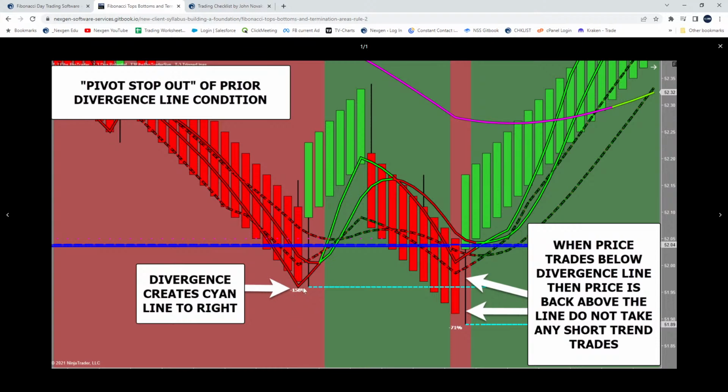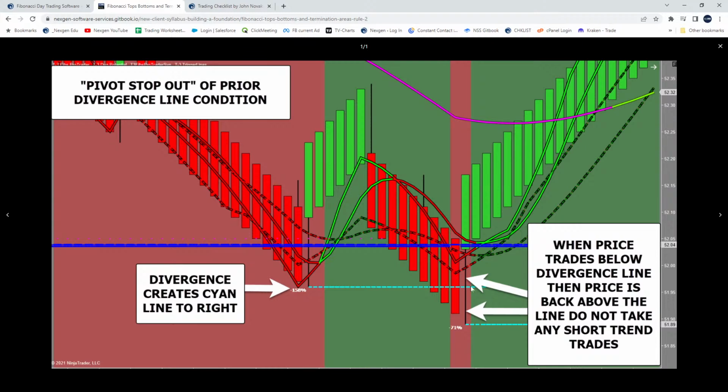Now, pivot stop outs are great for entries as well as exits, by the way. I just want you to know that. Right? There are some counter trend traders. I mean, to be a pivot stop out, yes, price must go below that line and then back above it. Technically.